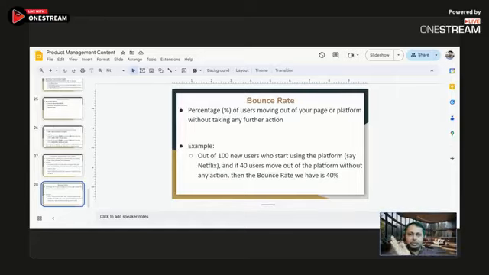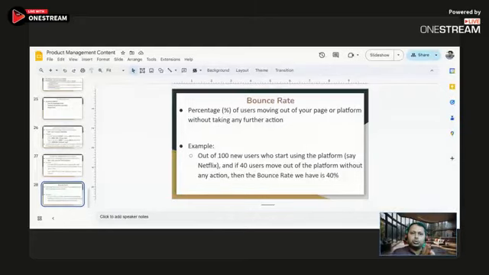They're not taking any further action, like clicking on a pricing page or purchasing a subscription. Nothing happens. So out of 100 users, 40 users do that, and then your bounce rate is 40%. You do this calculation, which is 40 divided by 100, the total number of users who came in, into 100, which is 40%.